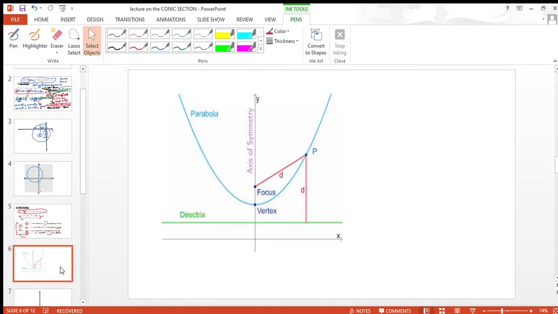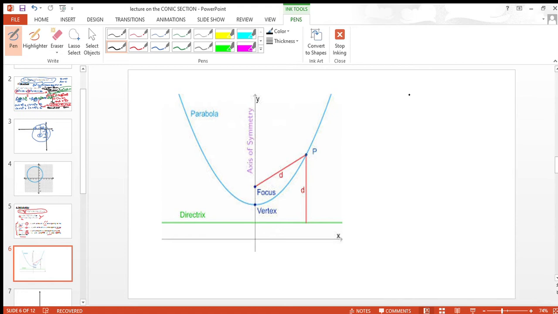Let me explain the parts of the parabola using this diagram here. So in this diagram, this is a parabola opening upward. So if this is a parabola opening upward, then it follows this equation.